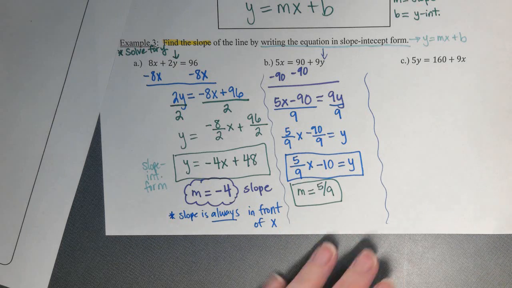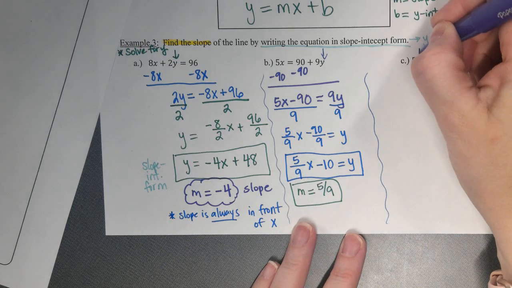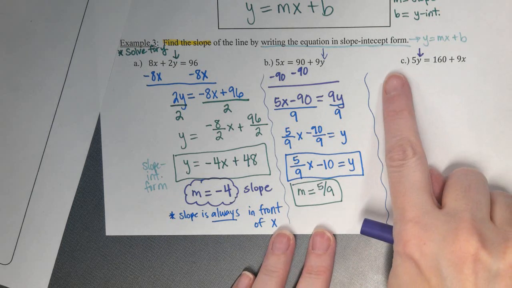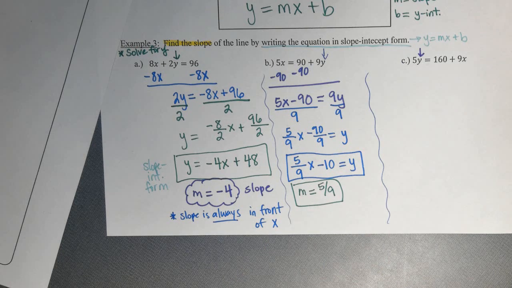Now, the last one, you have to solve for y, but look, there's nothing to add or subtract over, so what do we have to do to both sides? Yep, just have to divide by 5.